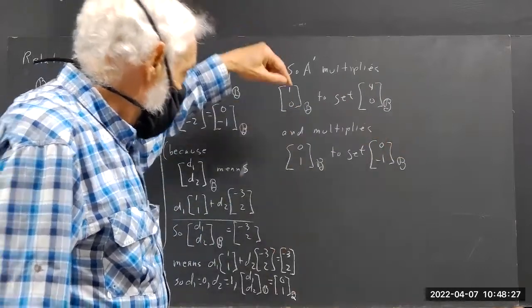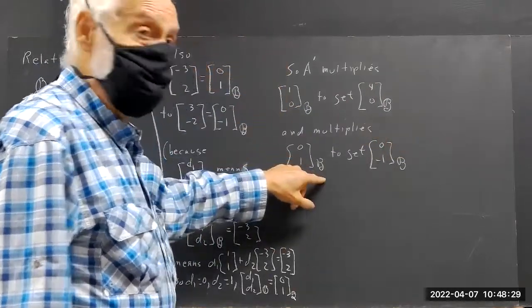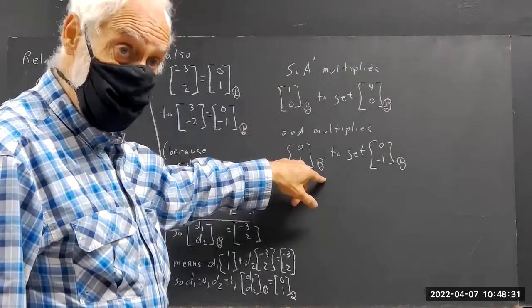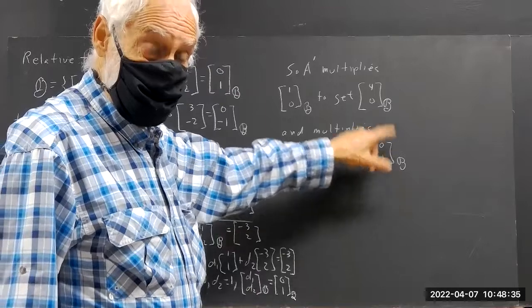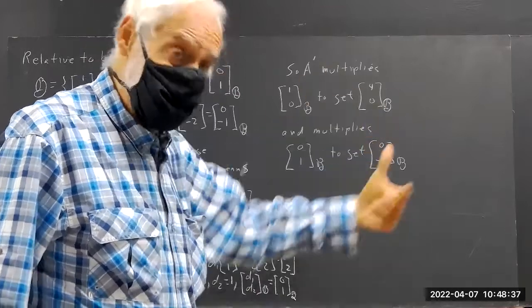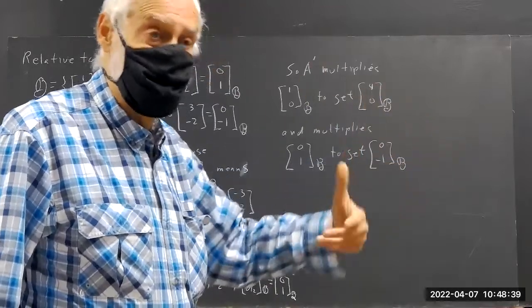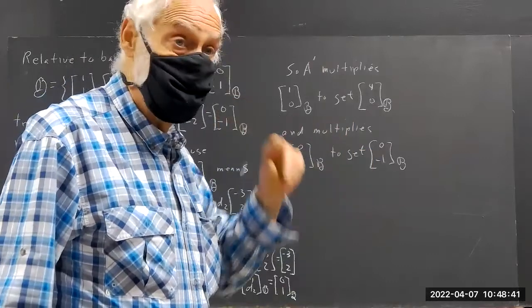And also multiplies 0, 1 relative to B, which represents your -3, 2, to get 0, -1 relative to B, which represents 0 and negative of -3, 2, which is 3, -2.